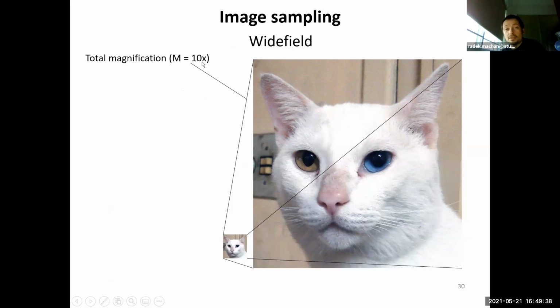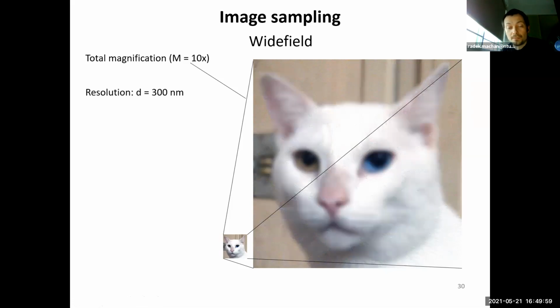Let's say in this case I have done 10 times magnification. Again, in case it's not clear, this is not a real microscopic image. I haven't taken a small cat, which I would image under a microscope. I don't have such a cat, because they are not allowed at HDBs.